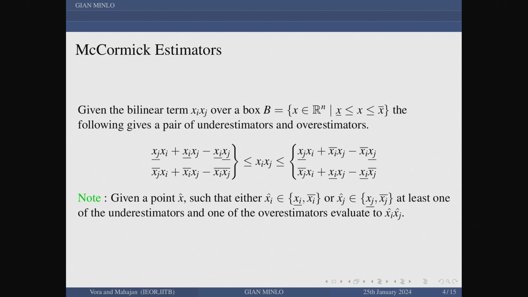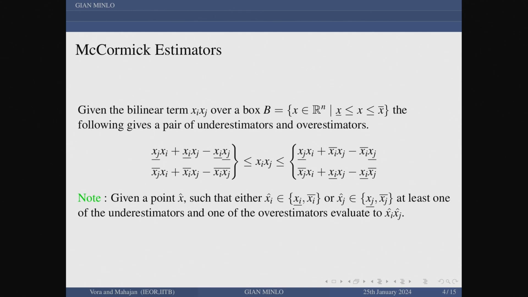If you substitute xi hat over there, the first term cancels out with the last term, and what you get is the lower bound of xi times xj hat. If you substitute x hat in the first inequality, you will evaluate to xi hat xj hat, and the second one will also evaluate to xi hat xj hat if you substitute x hat here.